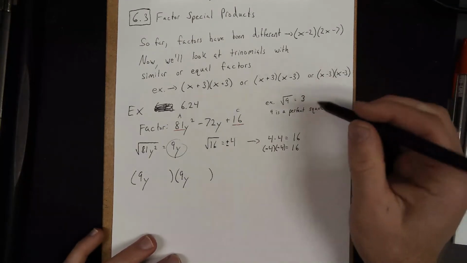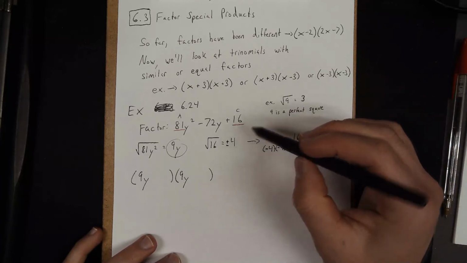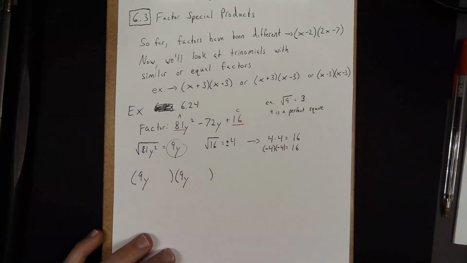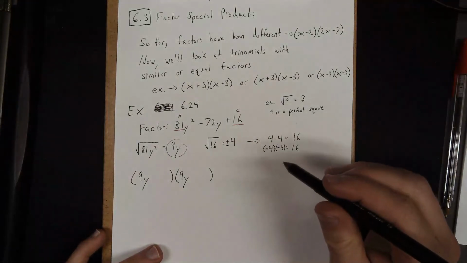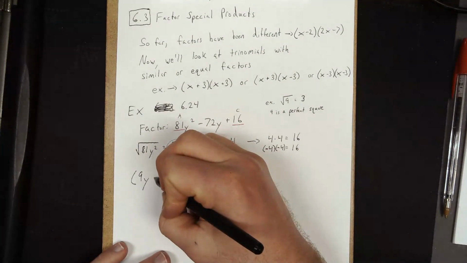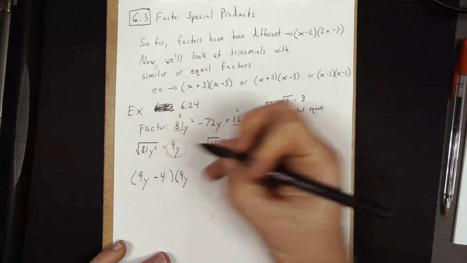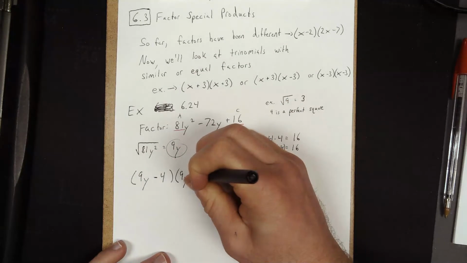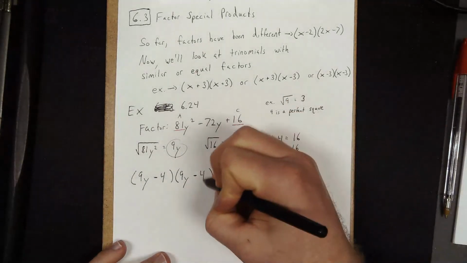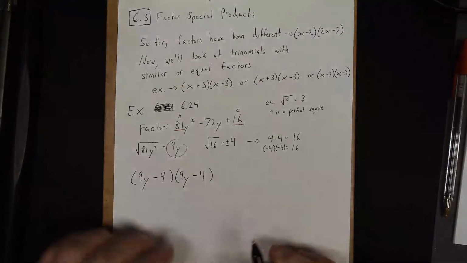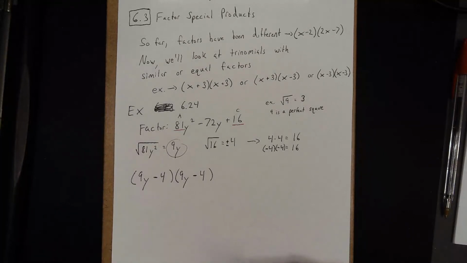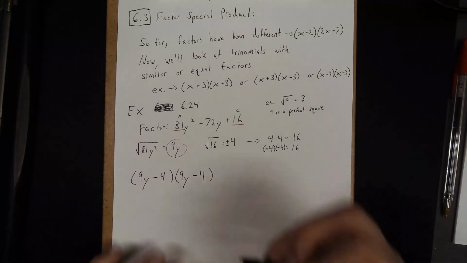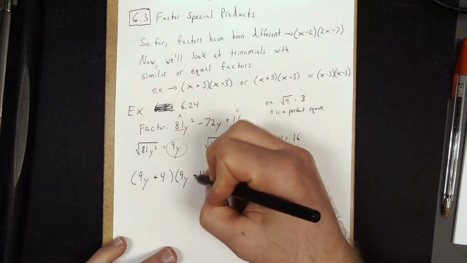We need two negatives being multiplied so that we get this. So if you're smart enough to recognize that, which I'll admit I was not at first, had to check my notes, we have 9y minus 4 times 9y minus 4. You could ask, well, does this work?